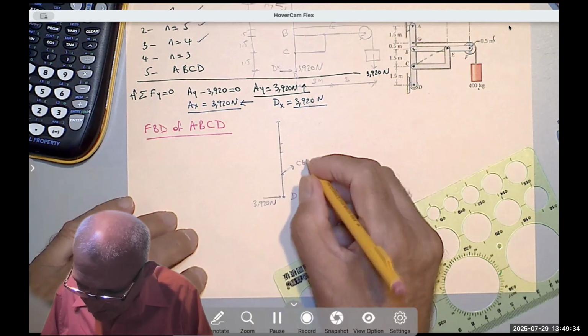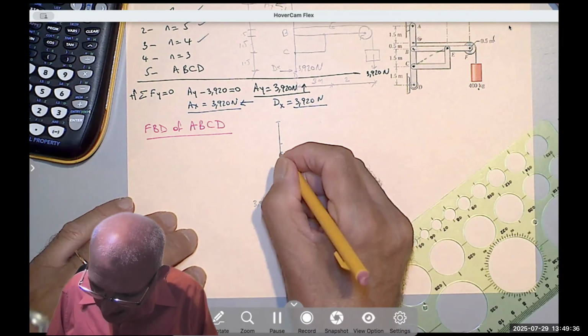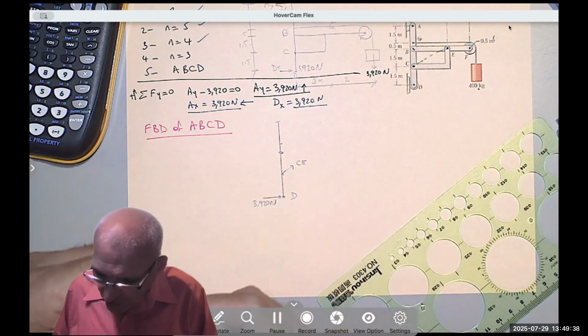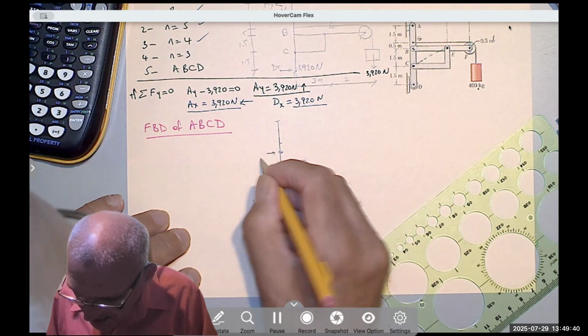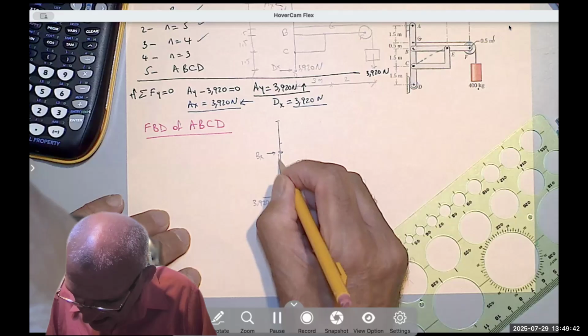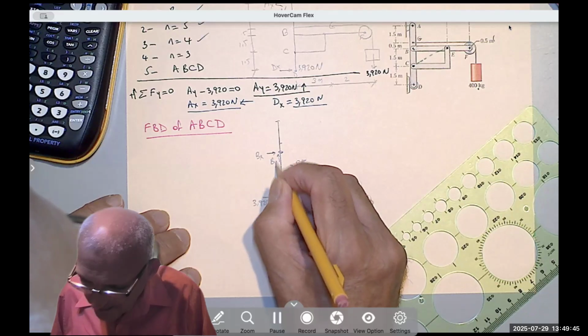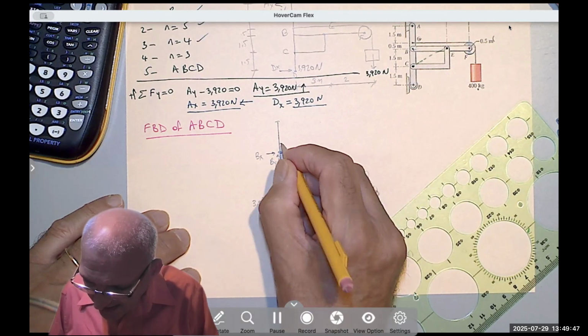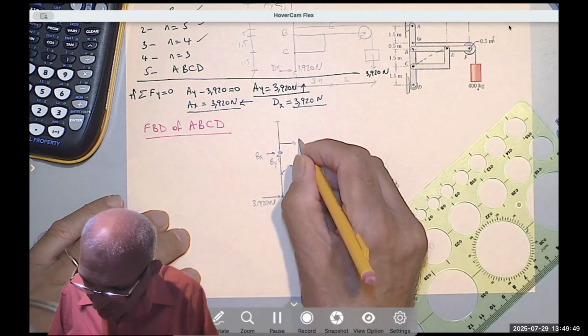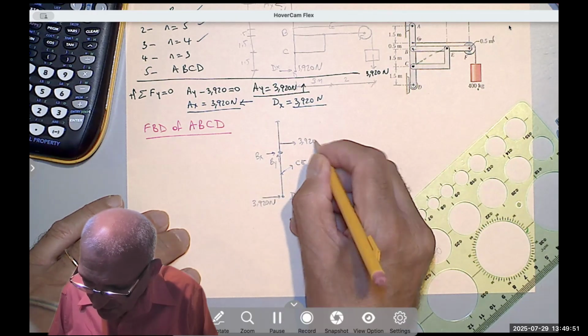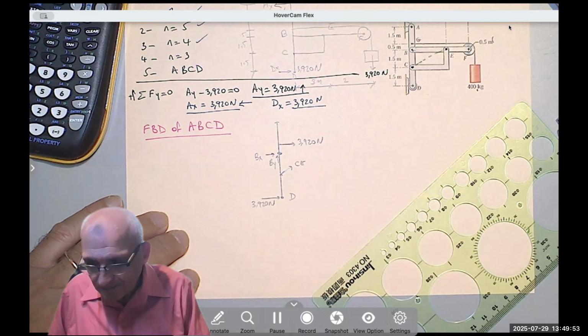Yeah, CE. At B, I have two unknown forces, Bx, By. Here, I have a tension of 3920 going to the right. Okay?